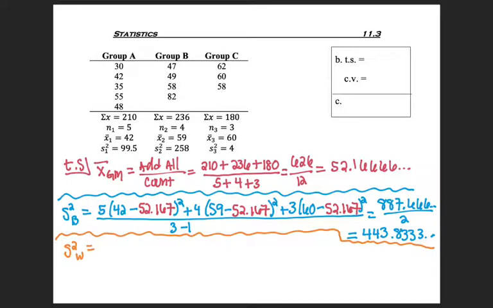Now I'm ready to find the variance within the groups. This is where I take the count minus 1, so 5 minus 1 is 4, times the variance that's already listed. I don't square anything. I just multiply it times the 99.5. And for the next group, I'm going to take 4 minus 1, which is 3, times the variance for the second group.